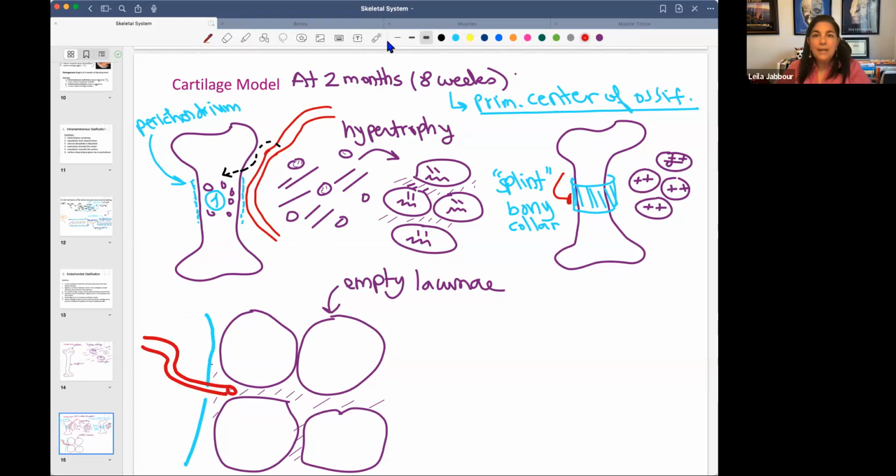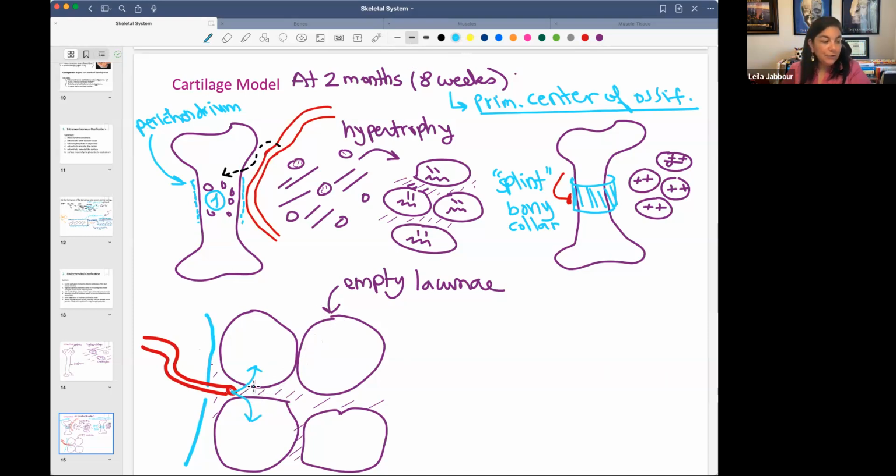So we call this a periosteal bud. Periosteal because it comes from around the bone. Peri, around, osteum is referring to the bone. It's the bony collar. So it's breaking through the bony collar. And what it's going to be bringing are progenitor cells that will turn into osteoblasts.